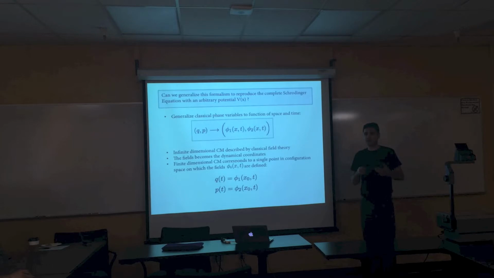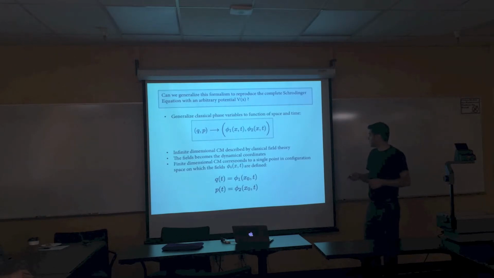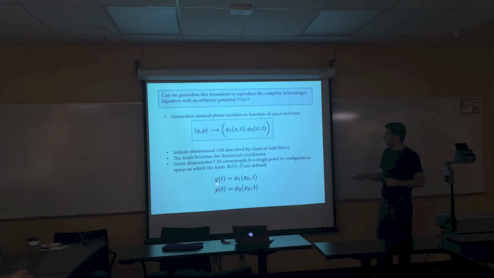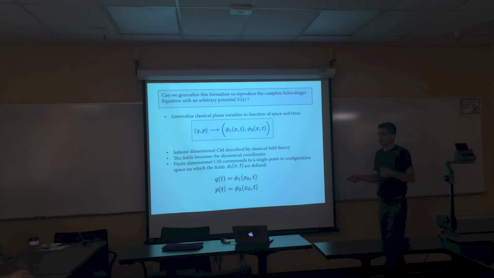And by doing variational calculations with respect to those coordinates, we can derive Maxwell's equations, for example. So our previous example with Q and P evolving will just correspond to a fixed value of x, just one single point. So this will be a zero-dimensional classical field theory. Okay?